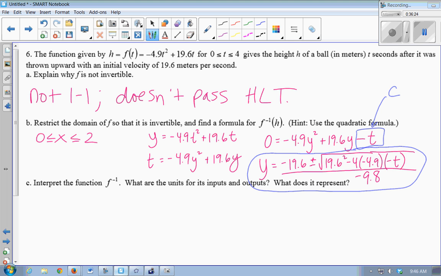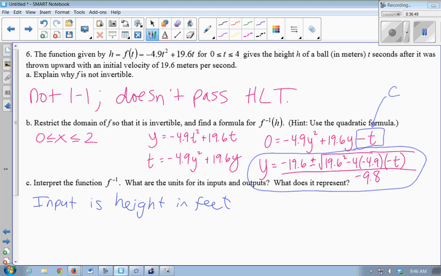Okay, interpret the function f inverse. What are its units for input and output, and what does it represent? Okay, so the input for the original function f was time, and the output was h. Inverse functions reverse that. So my input is going to be height in feet.